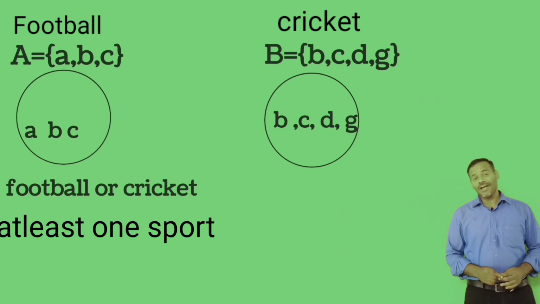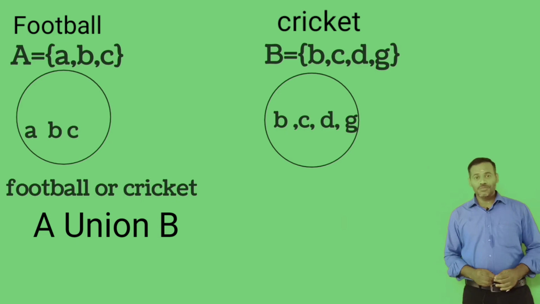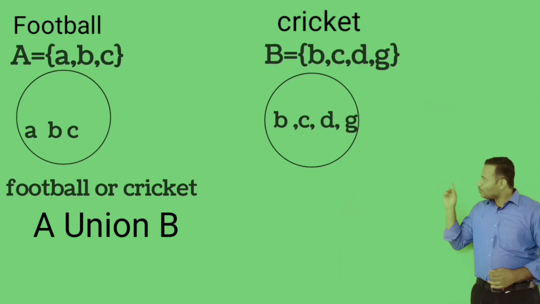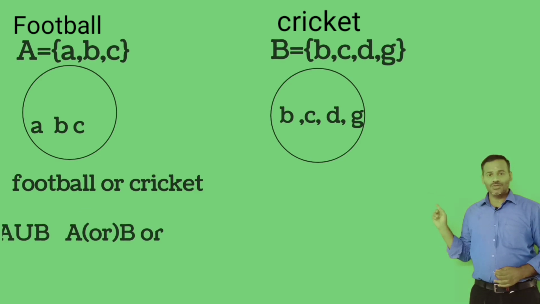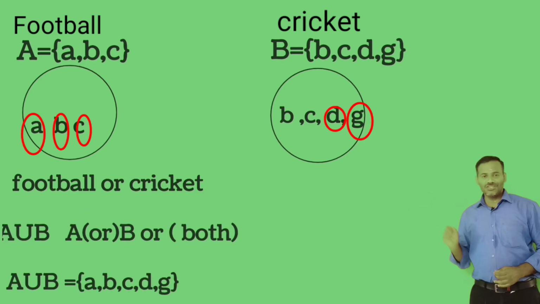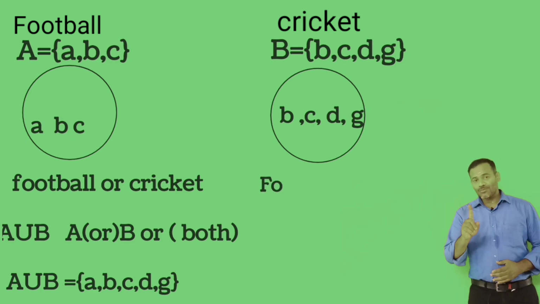Yes. So we are going to find A union B, which means A or B or both. So the people who love football or cricket, what are the elements we get? Yes, A, B, C, D and G. Here we can observe that B and C love football and cricket, so we don't want to write them again, it's enough to write them one time.